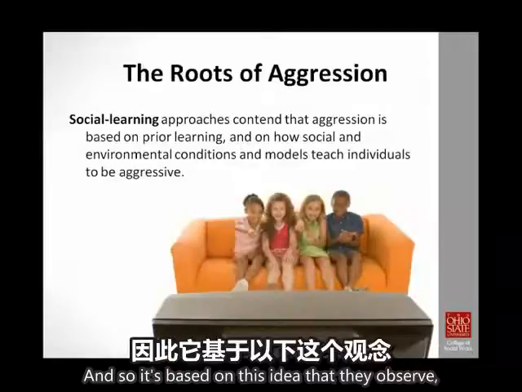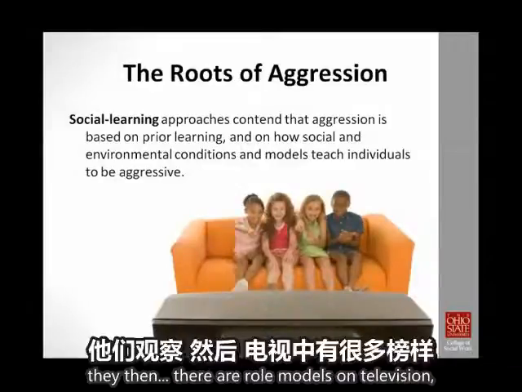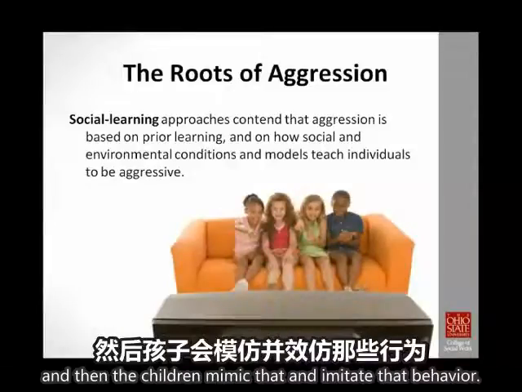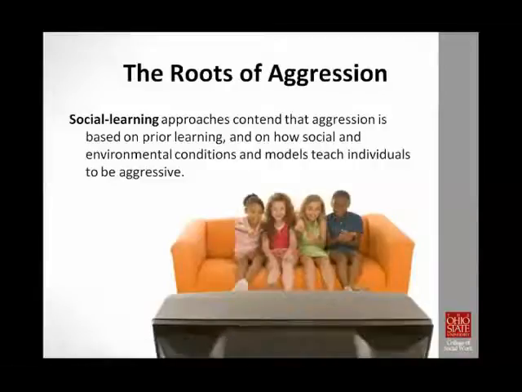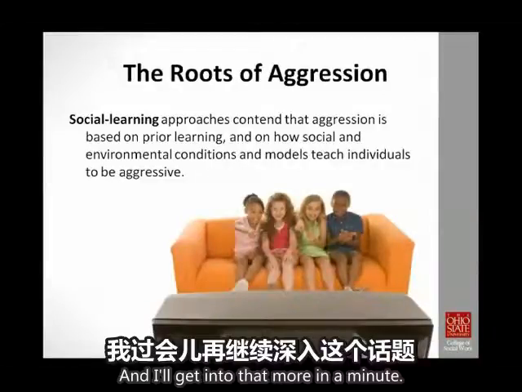And so it's based on this idea that they observe, that there are role models on television, and then the children mimic that and imitate that behavior. And I'll get into that more in a minute.